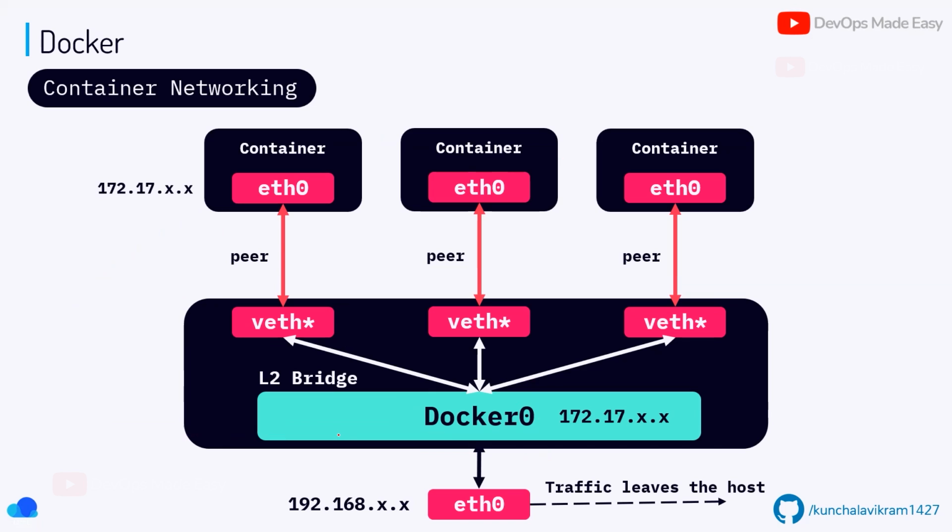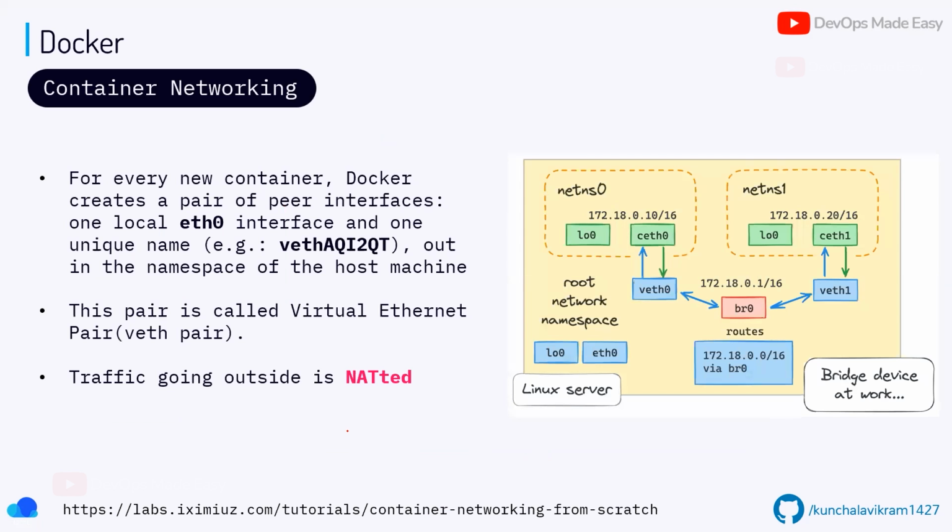So that is the basic understanding. You don't need to understand much. But there is a website called labs.ximios.com. If you go to this tutorial where they explain container networking from scratch, you'll get more information on how to manually create network namespaces, how to create a container, and how to attach it to Docker 0. These manual steps are not required.